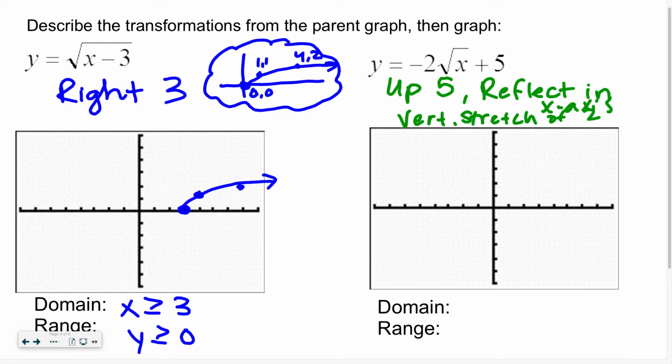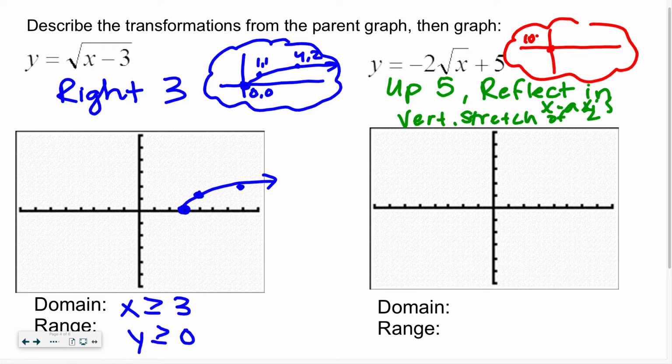So here's what I think about in my head for this one. Okay, normally the square root is that little hill going up, right? If there's a reflection in the x-axis, now my hill is like a little dip, right? A little valley. So I think about the points. They're going to change.